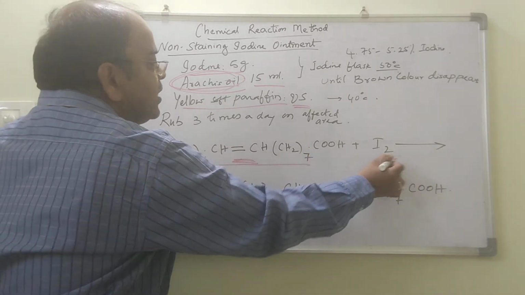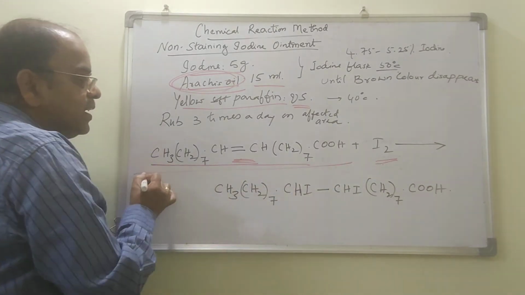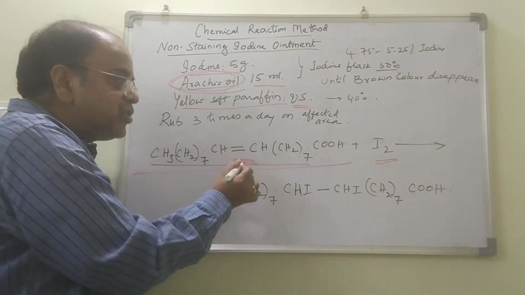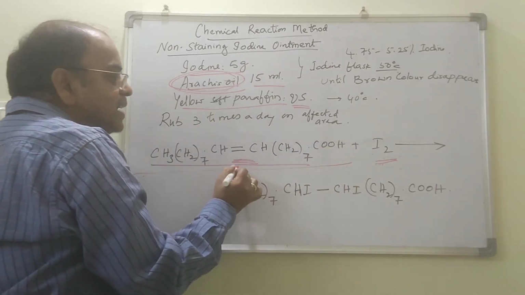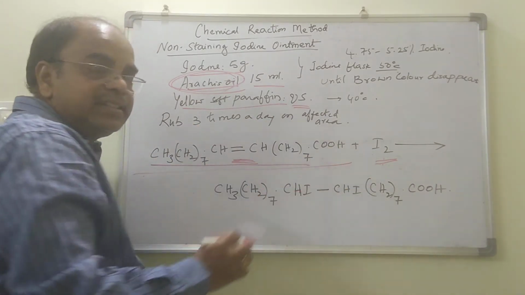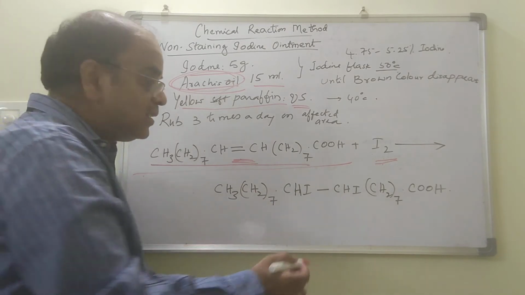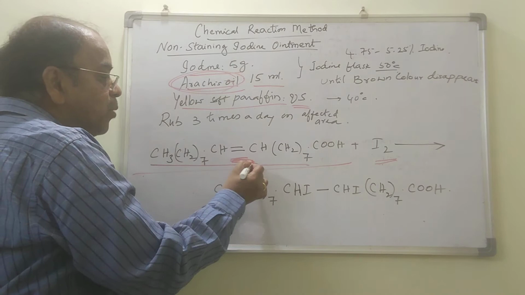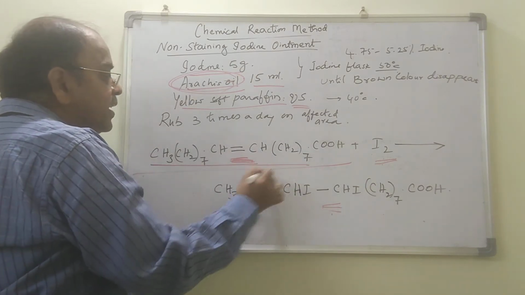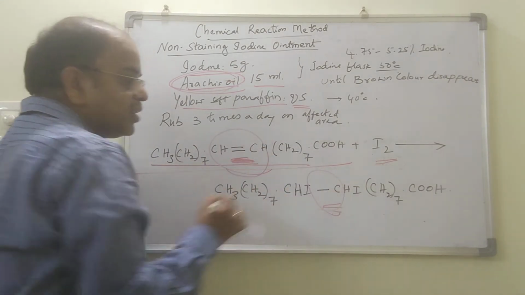Now, iodine is added to this fatty acid which is having the unsaturation. Iodine converts this fatty acid to the saturated fatty acid, diiodostearic acid. Here you can see the double bond, here you can see the single bond. Here unsaturation, here is the saturation.